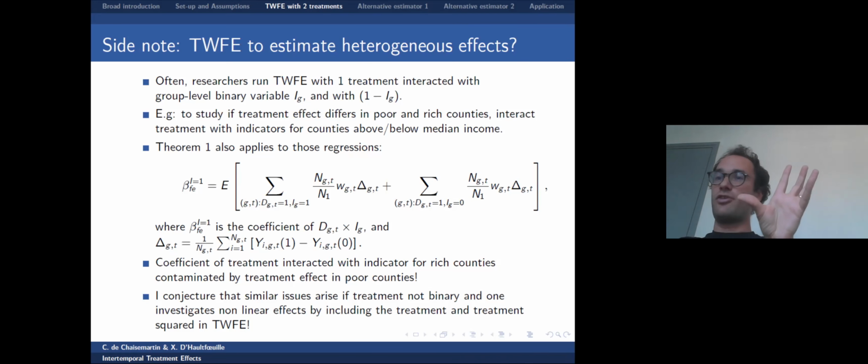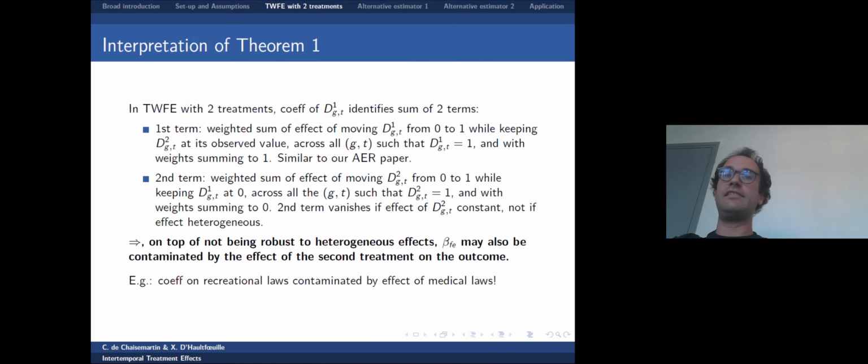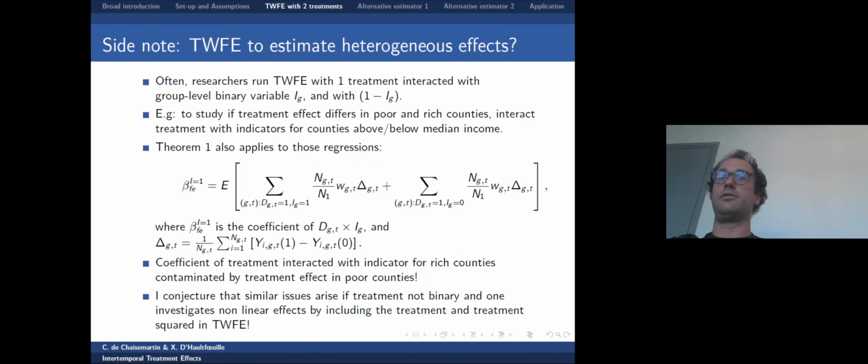Now, these regressions can be analyzed exactly in the same way as regressions with two treatments. And this theorem here also applies to those regressions. And you have that the coefficient of the treatment interacted with the rich county indicator is going to identify a weighted sum of the effects in rich counties plus a weighted sum of the effects in poor counties.